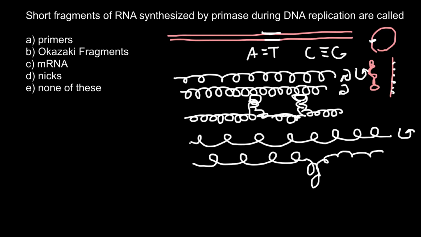So once again making another coil here. So if we would proceed untwisting, we just would create more and more negative supercoiled DNA.